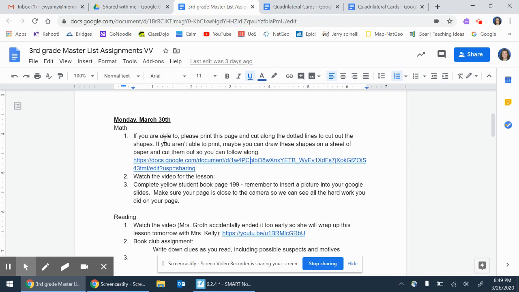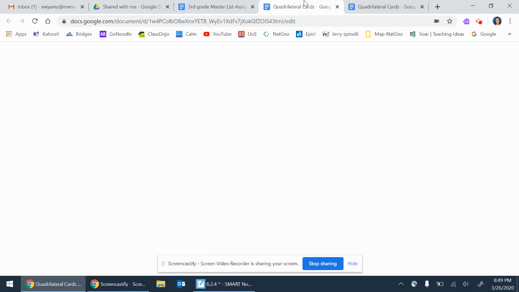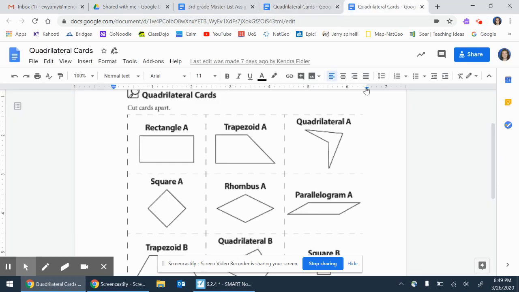Right here, number one, if you're able to print this page off, click the link. It's called Quadrilateral Cards, and it'll open up the cards here for you. So if you can print this off, that would be a huge help. And then you're just going to cut on the dotted lines to cut these shapes out.